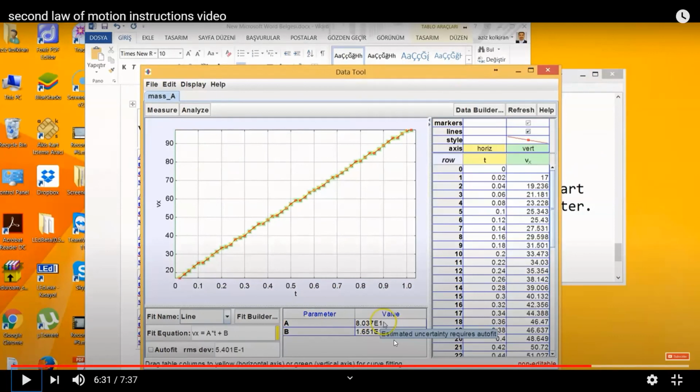To do this, the auto-fit option should be selected.